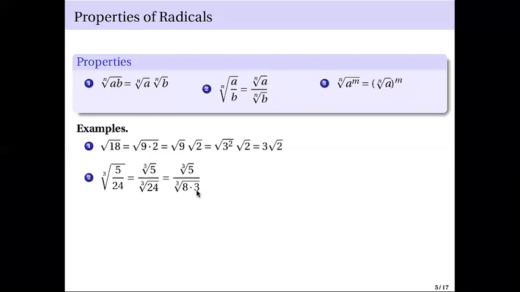But I am using 8 times 3. And the reason is, we are taking the cube root, and I know 8 is a perfect cube, meaning it is a cube of something. So for this denominator here, we follow first this property here to write it as cube root of 8 times cube root of 3.